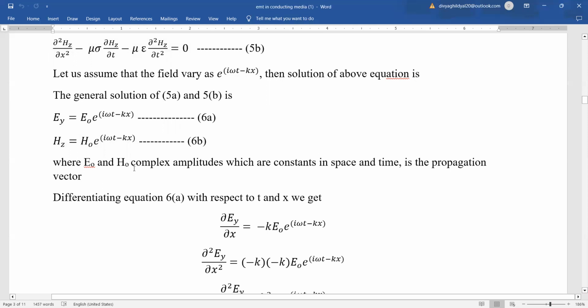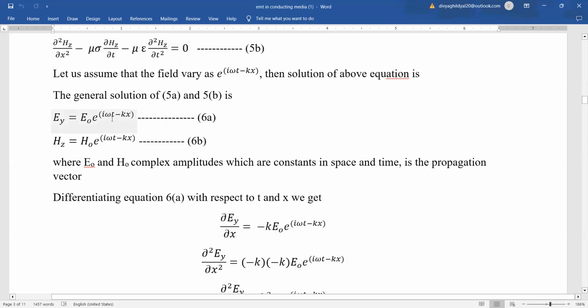Now, what we will do is differentiate these equations, first as a general d by dx, then d2 by dt2, and put the values of their differentials in the equations above to get the answer. So let us begin.